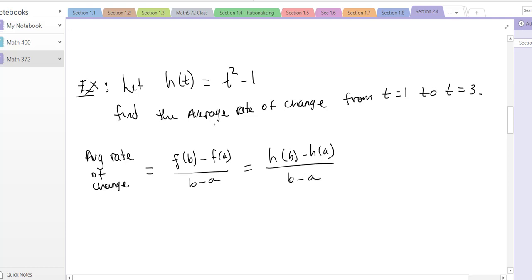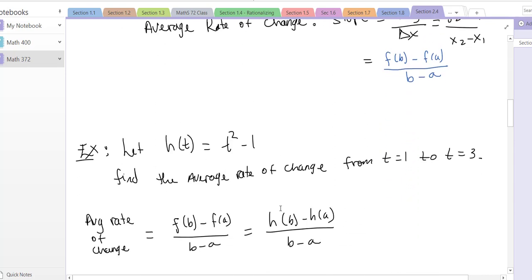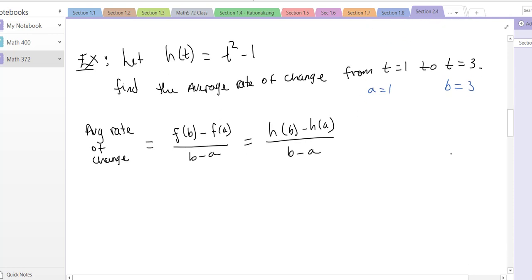So what's my b and what's my a? So going back to that graph, my b is the higher point, the higher time value, and then a is the smaller time value. So here, I'm going to say then that my b is 3 and my a is 1, right? B is the further time value.